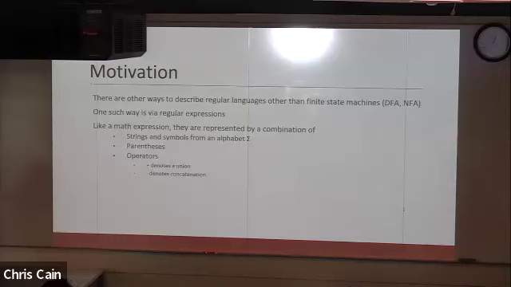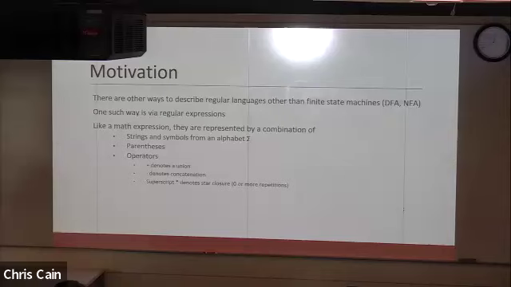So if an A and a B appear right next to each other, they're concatenated. We have a superscript star for star closure. This tells us that the preceding section can be repeated 0 or more times, just like we've seen star closure for everything else in this class so far.